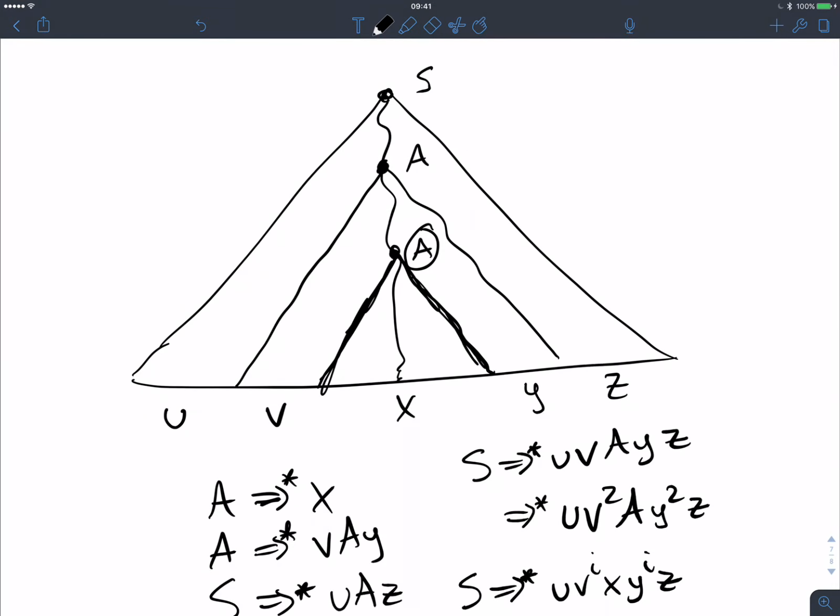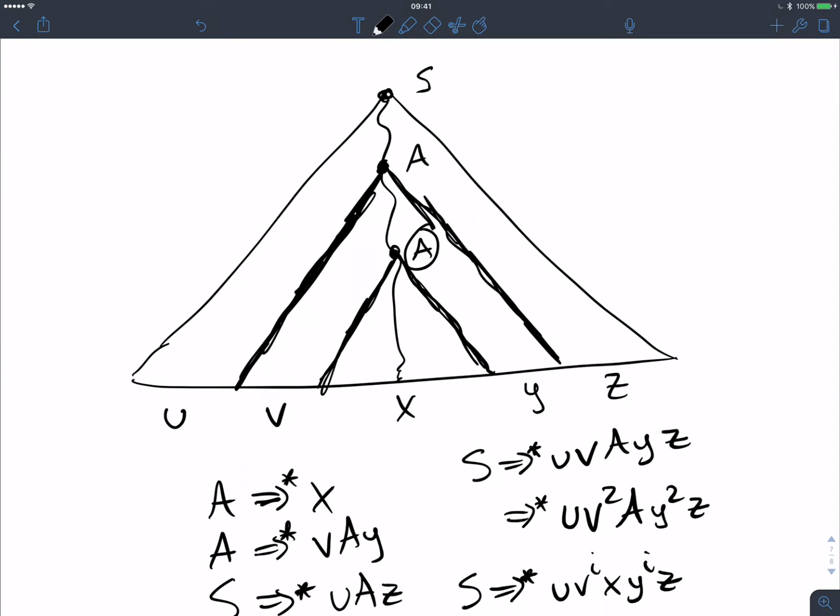Let's look at this first occurrence of A and this sub-parse tree right here. Suppose that the entire string U, V, X, Y, Z has the absolute minimum number of characters to make the tree tall enough.